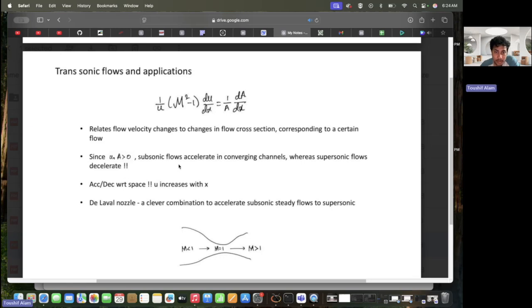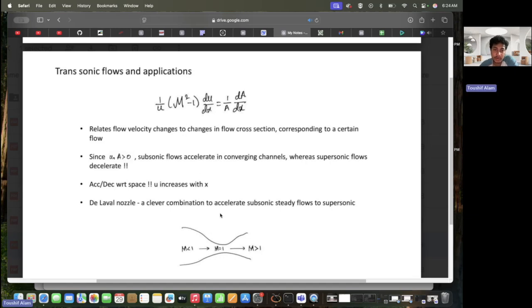You can check here. Suppose Mach number is less than 1. This side is negative, so this side has to be negative. A can't be negative, so dA dx is negative; area is decreasing. And as area decreases, M has to increase. So M increases as area decreases, and speed will increase.